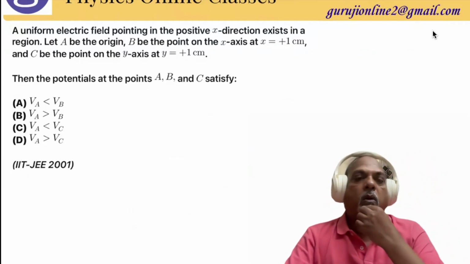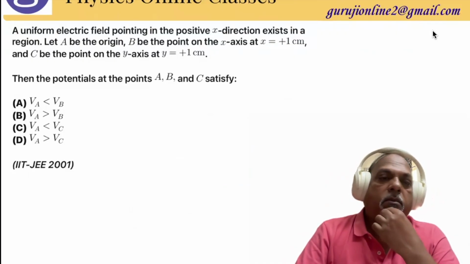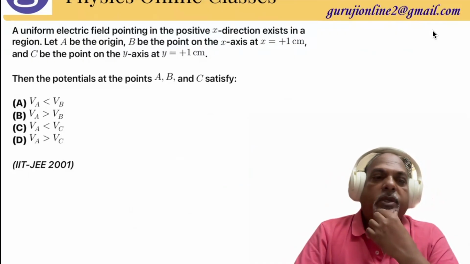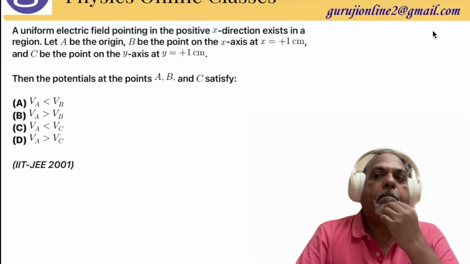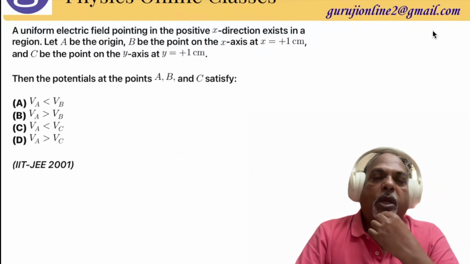Now, we will take a look at this problem which came in 2001. It is a JEE Advanced problem. A uniform electric field pointing in the positive x direction exists in the region.